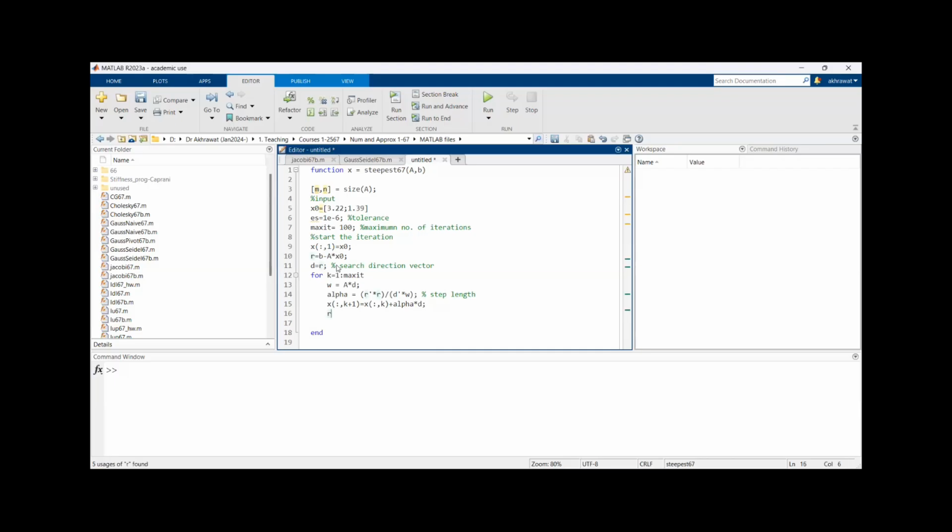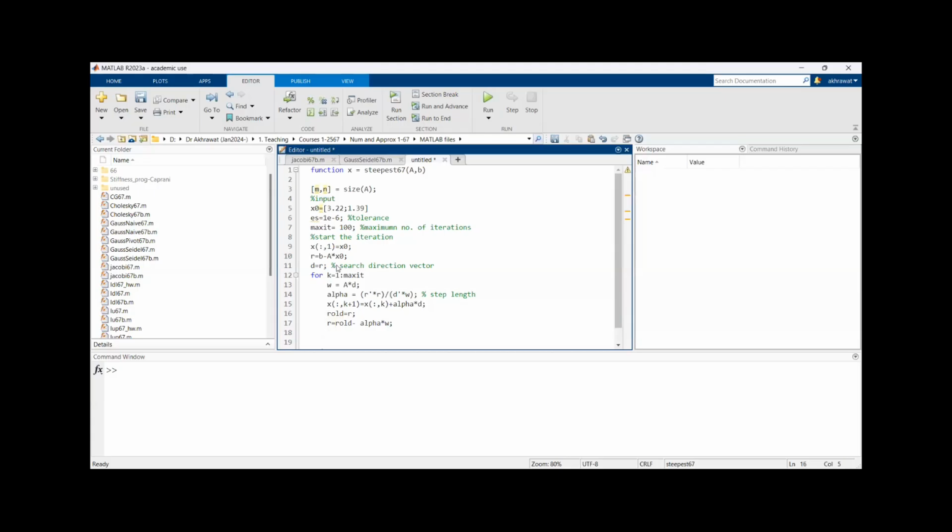Now before I do the calculation, I want to keep the old residual, and then I find the new residual. Now you can refer to the formula that we have, alpha W, I'm sorry.